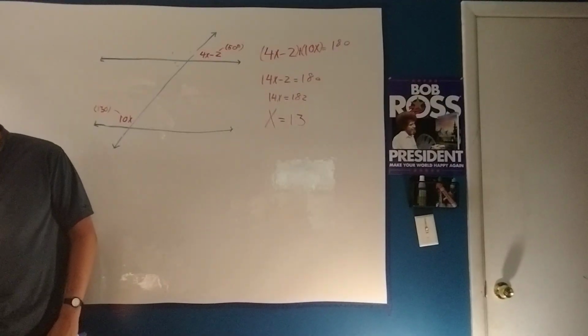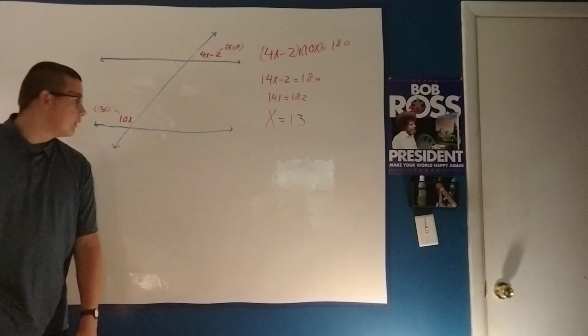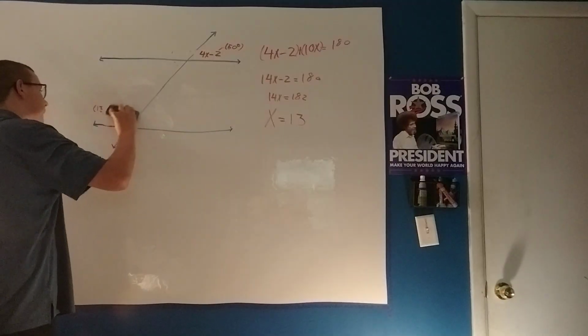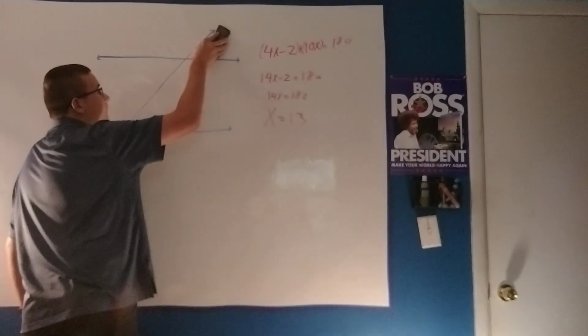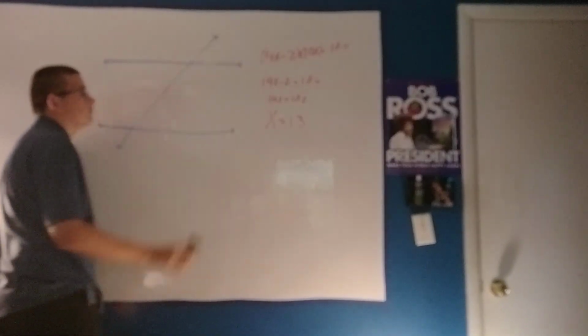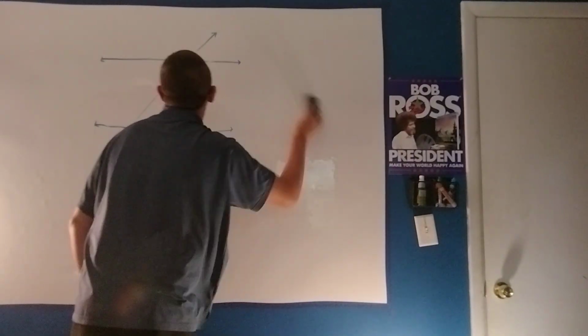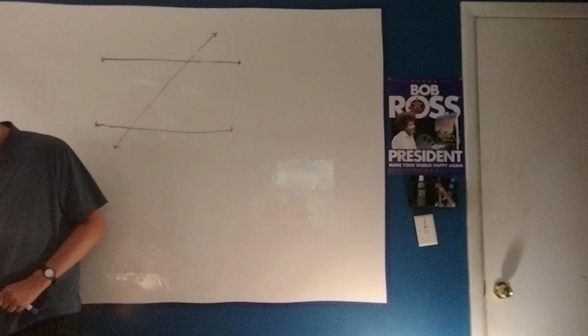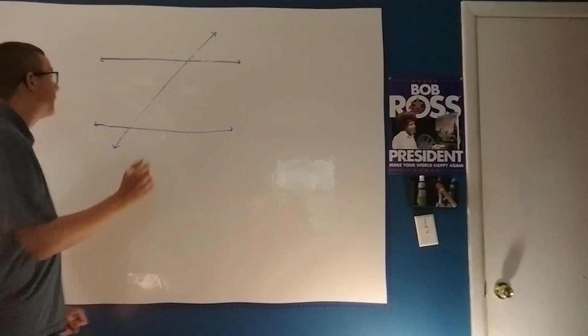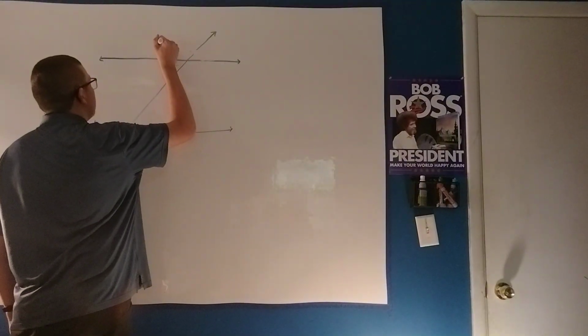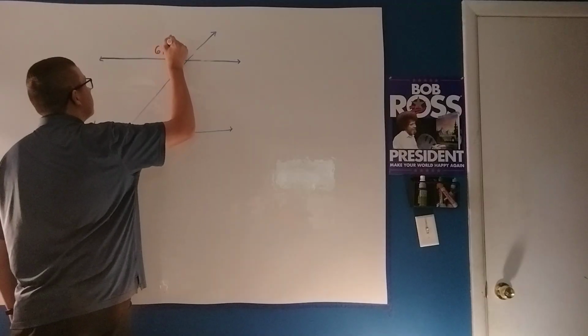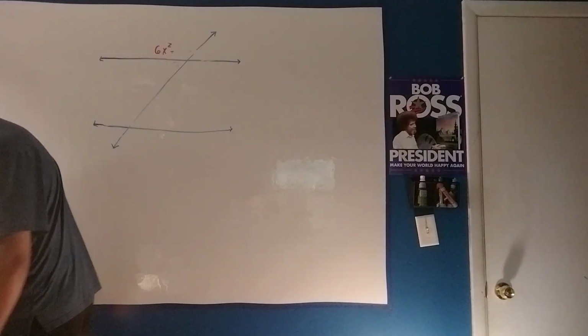All right, I have a couple more examples for you. Give me a second to erase. Okay. We have this angle here is 6x squared.